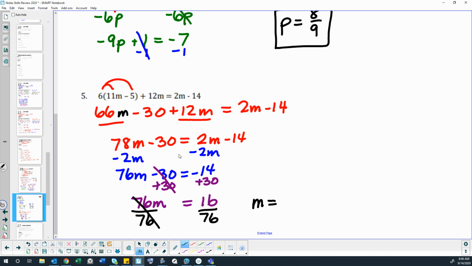I know that they both divide by 4. Since 16 divided by 4 is 4 and 76 divided by 4 is 19, that gives us a final answer of 4 over 19.